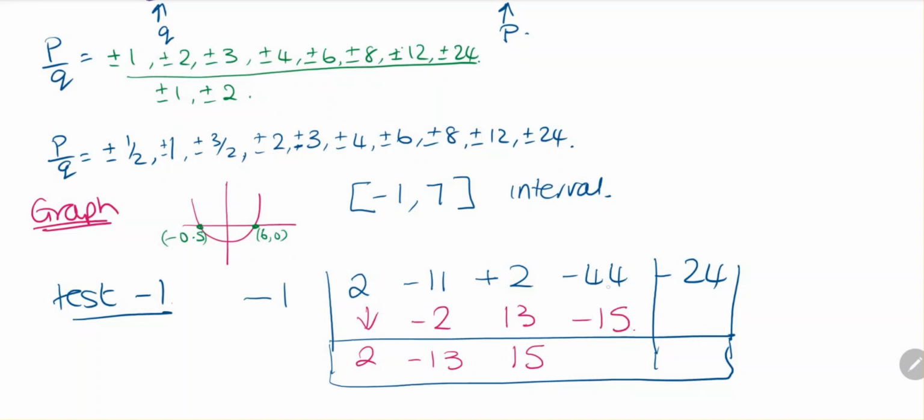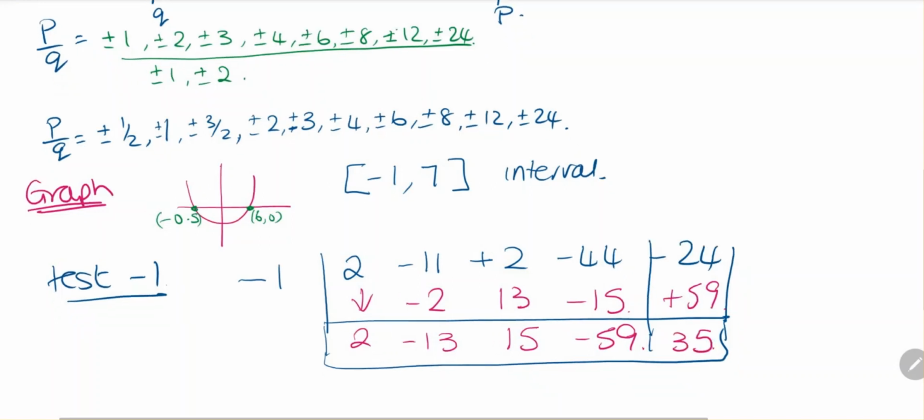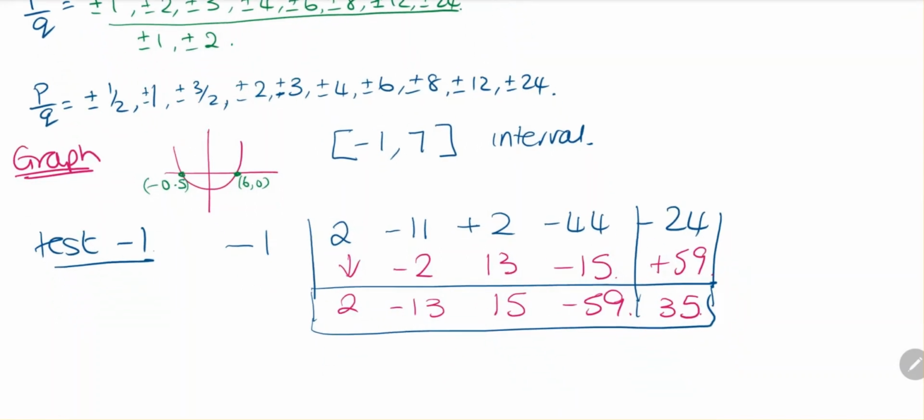And then minus 44 minus 15 is minus 59. So this is going to be positive 59. And positive 59 minus 24 is 35. So if we look at our values, we've got a positive, a negative, a positive, a negative, and a positive.